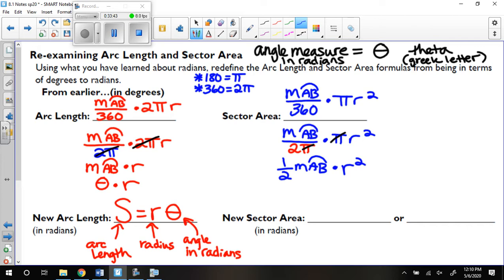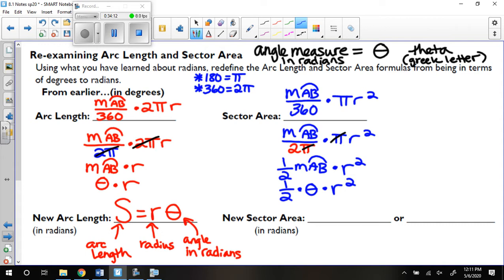And one more time, I'm going to replace my arc AB with theta, which stands for your angle measure in radians, which is going to be equivalent to the arc because central angles are equal to their intercepted arcs. So we've got 1/2 multiplied with theta multiplied with r squared.